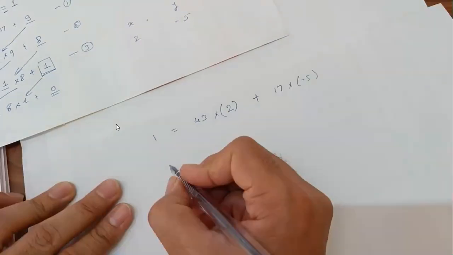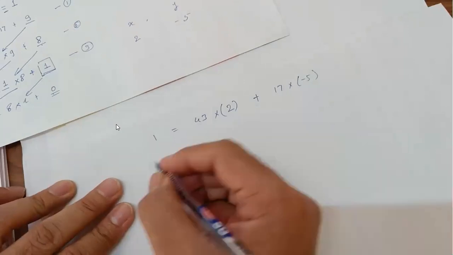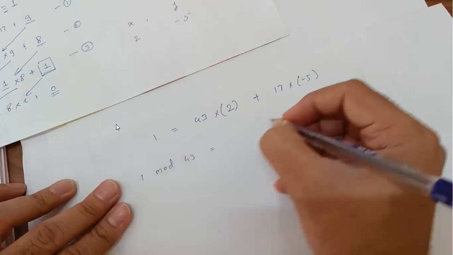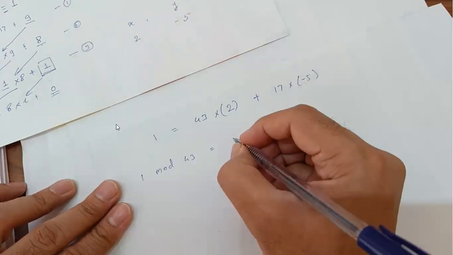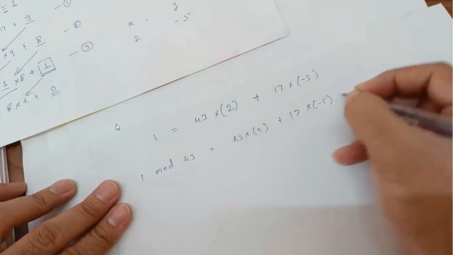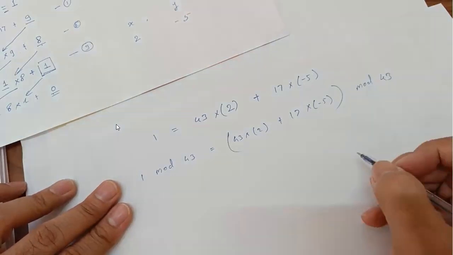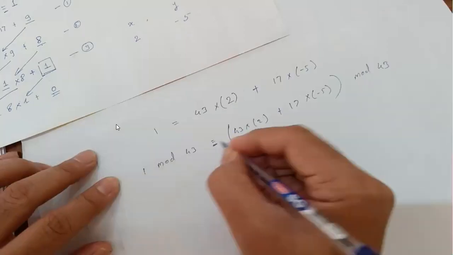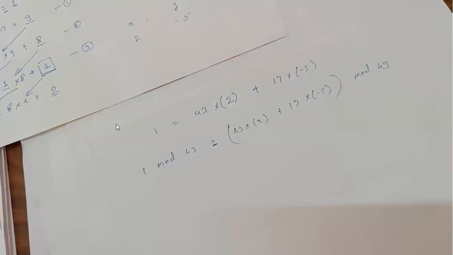So can I take a mod operation on both sides, left and right? So 1 mod 43 equals the whole right-hand side, also taking the mod: 43 into 2 plus 17 into minus 5, mod 43. And this equal sign will change to congruence, as you know congruence works on the modulo operation.